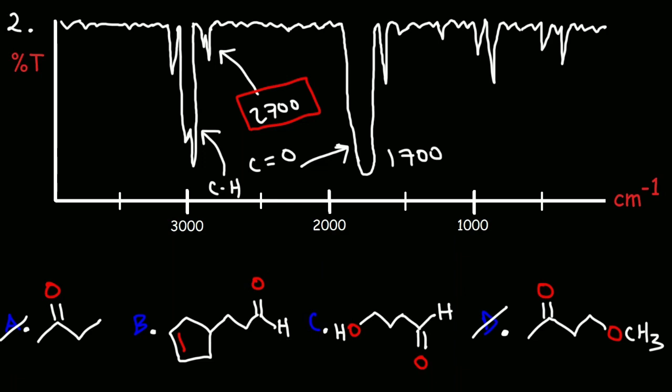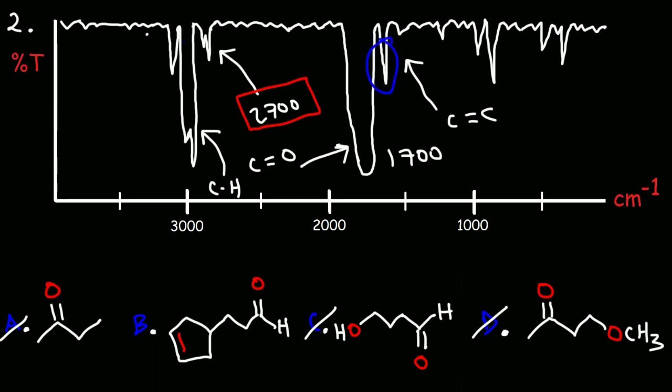Now, what else can we see? Well, for one thing, we don't have a very broad OH signal. So that would eliminate answer choice C because that has an alcohol. We don't see that OH stretch. What we do see is a C=C stretch roughly around 1600. So this is it right here.